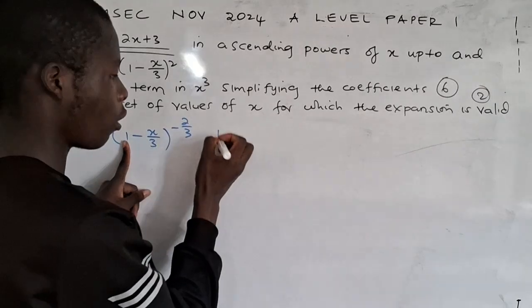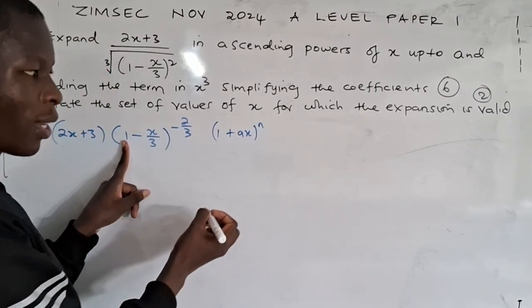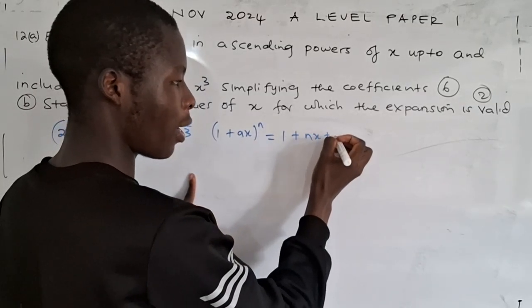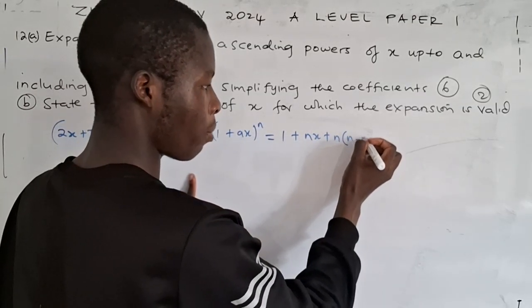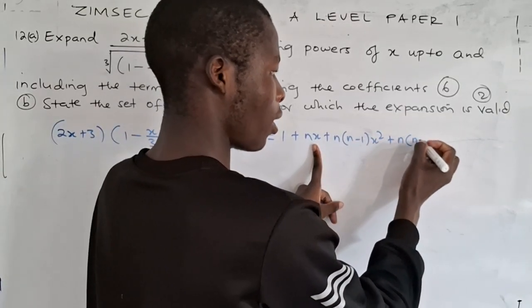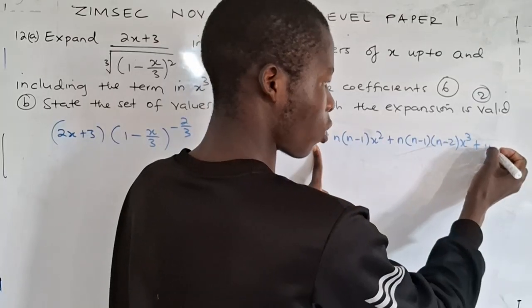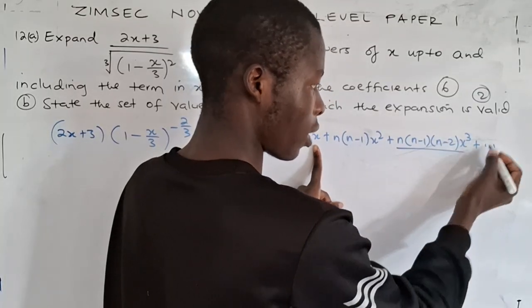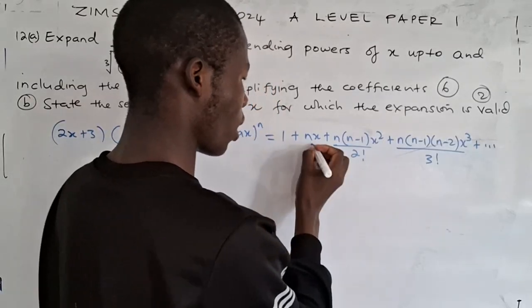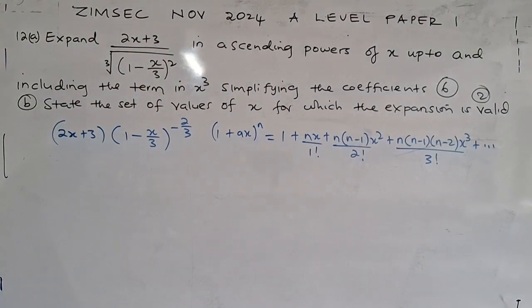If you have (1 + ax) to the power n, this is 1 + nax + n(n - 1)(ax)^2/2! + n(n - 1)(n - 2)(ax)^3/3! and so on. And what is the rule?